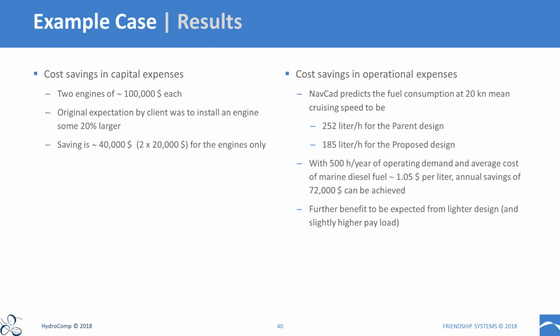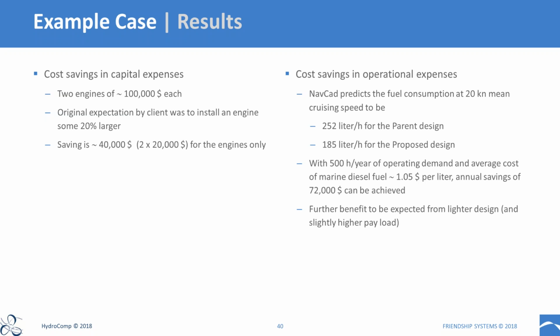Another factor is the cost savings in operational expenses. The prediction for the fuel consumption that NavCad gives us at 20 knots, which is the mean cruising speed of the vessel, is about 252 liters per hour for the parent design and 185 liters per hour for the proposed design, per engine, that is.